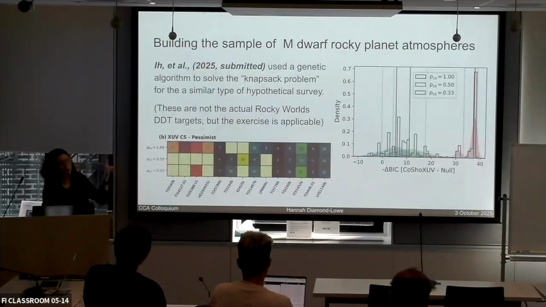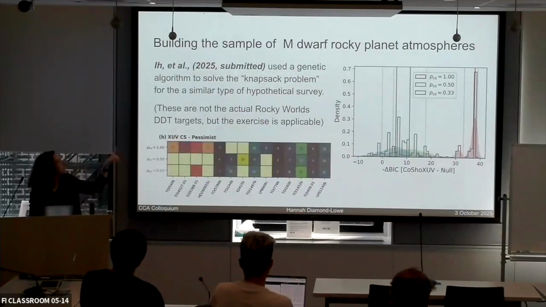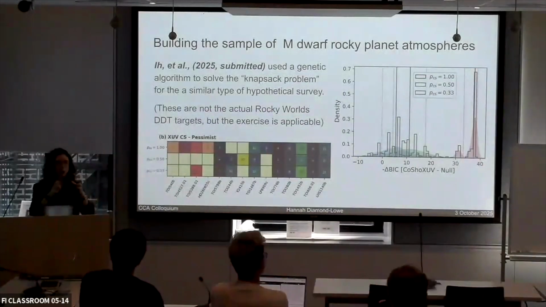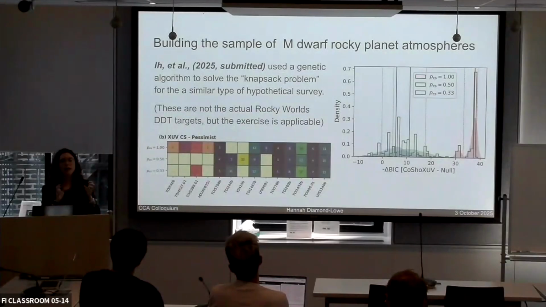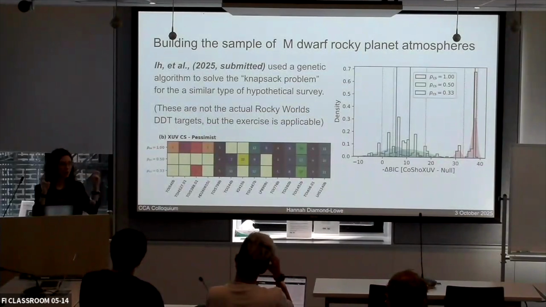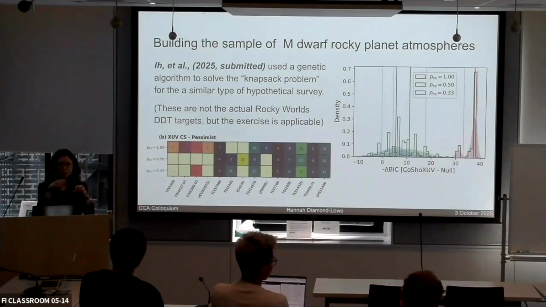This is a really cool paper to check out, and I'm not just saying that because Jacob E. is a postdoc working with me. In thinking about how we can leverage statistics for these exoplanet samples, Jacob used a genetic algorithm to solve what's called the knapsack problem. The knapsack problem is you have a finite amount of space and you need to fit as many kinds of things in that space as possible.